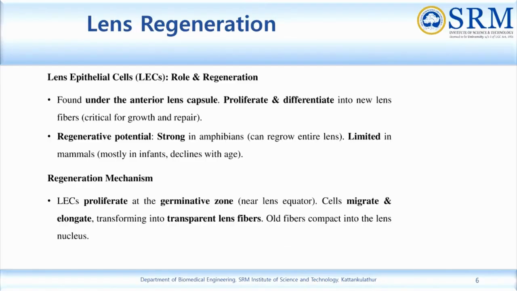Next, we'll be looking at lens regeneration. The lens epithelial cells are the main cells involved in the lens regeneration of your eyes. These are generally found under the anterior lens capsule, and they proliferate and differentiate into new lens fibers.